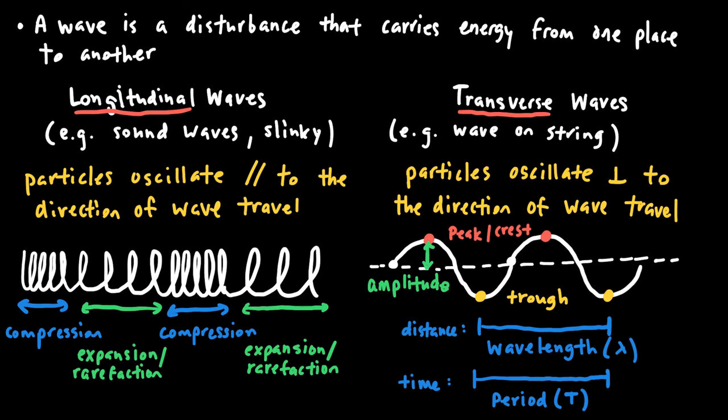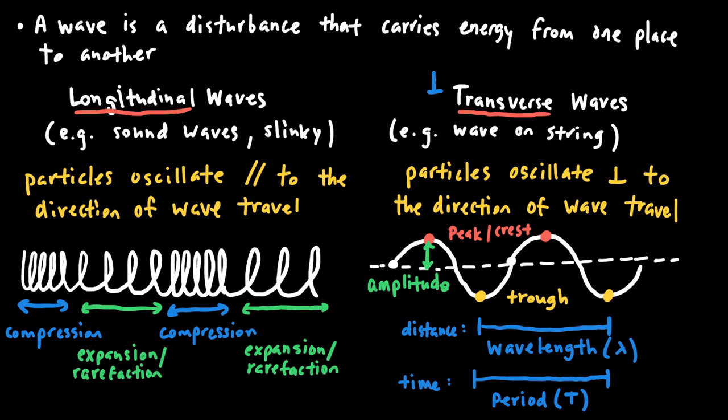A transverse wave, on the other hand, is like a wave that we typically think of, like on a string. And the difference here is that the particles oscillate perpendicularly to the direction of wave travel. And the mnemonic that I use to remember this is that the letter T upside down looks like a perpendicular symbol. And so we remember that the particles of a transverse wave oscillate perpendicularly to the direction of wave travel.